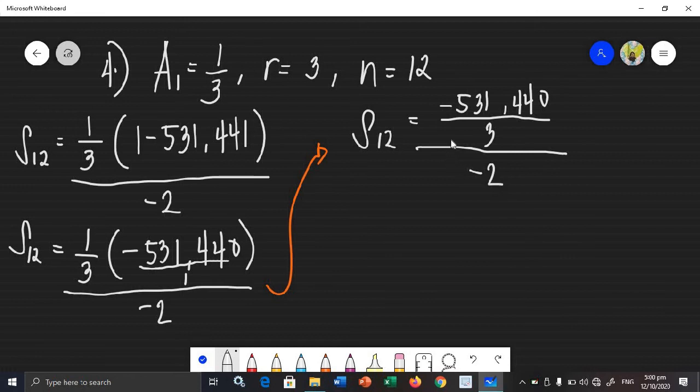Magiging siyang complex fraction. Pero, we can just solve this part. Divide na natin si negative 531,440 kay 3 para lumiit-liit yung number na makuha natin. So, dividing negative 531,440 by 3, we will get how many?